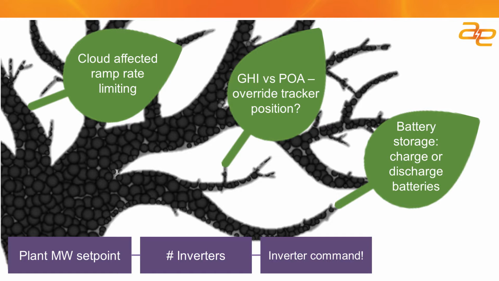So now, once we've got all of these thoughts in our head and we've made decisions on how we're going to consider all of these things in controls, all of the puts and takes that go into these things give us the ability to determine what the inverter command should be right now for this moment in time in order to optimize the system.